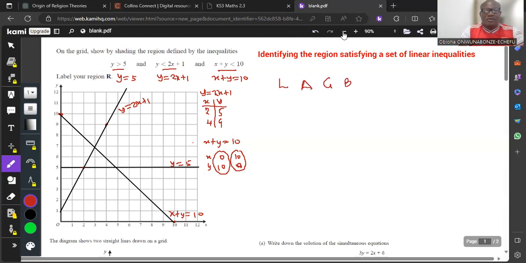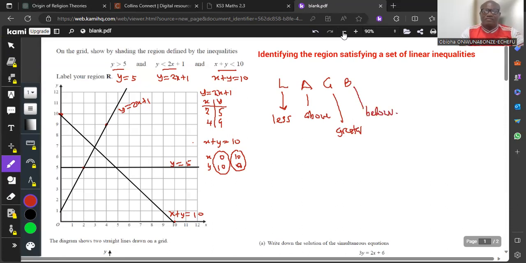What this rule says is simply that for the less than symbol, shade above, and for greater than, you shade below the line.